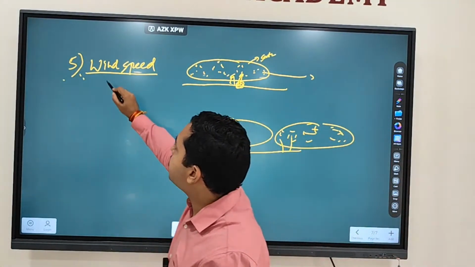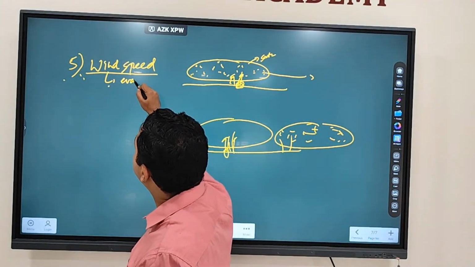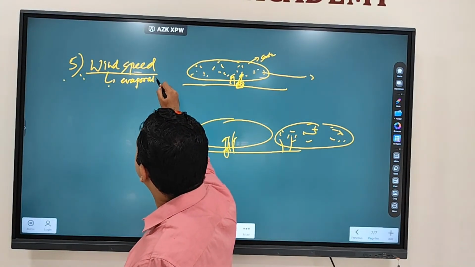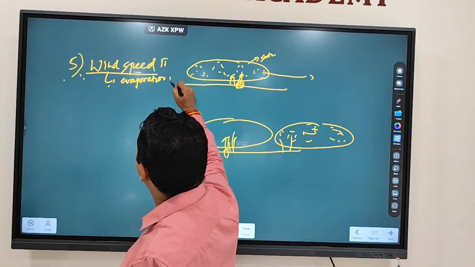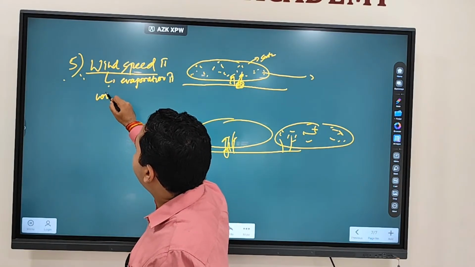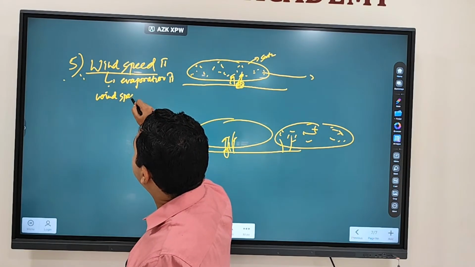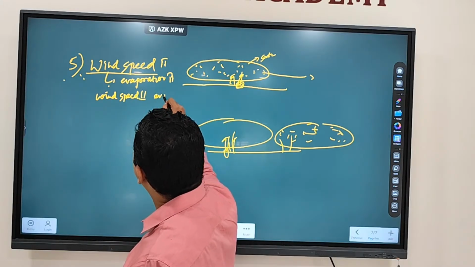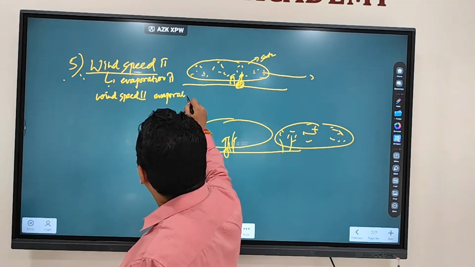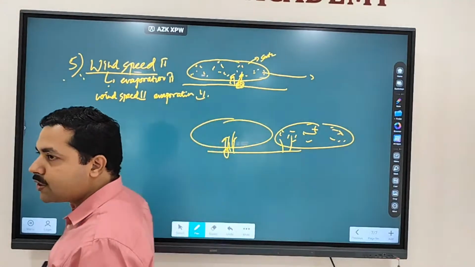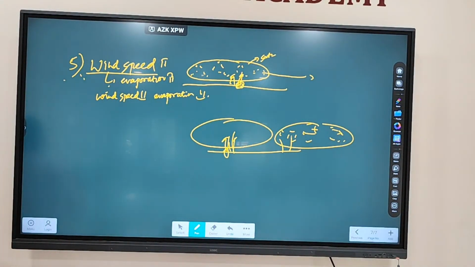So that's why wind speed also determines your evaporation. When wind speed is higher, evaporation is going to be higher. When wind speed is lower, evaporation is lower.